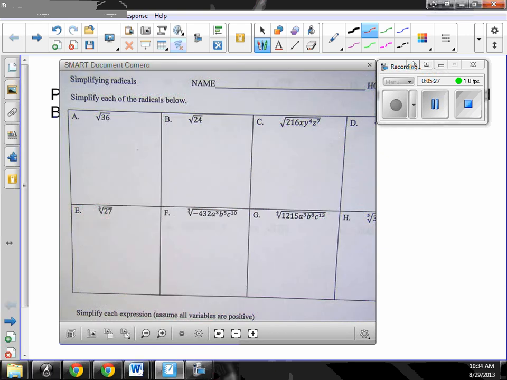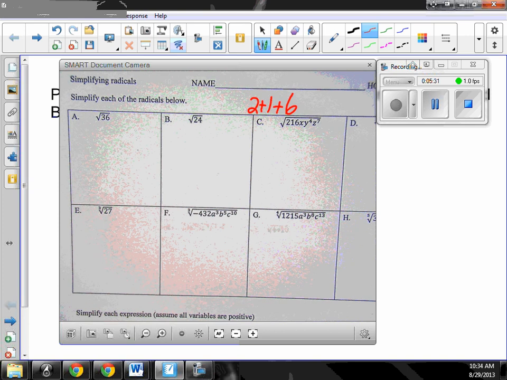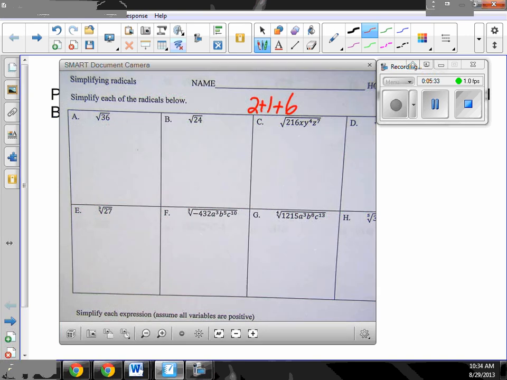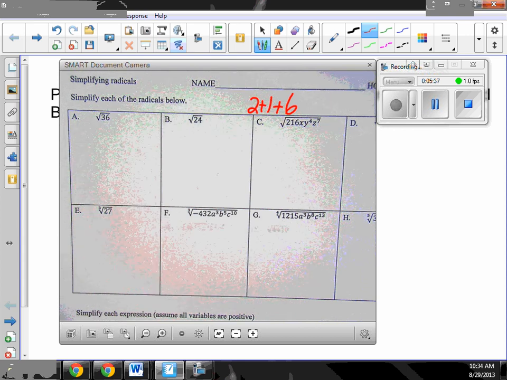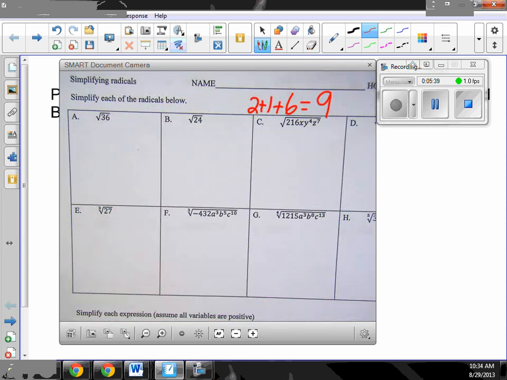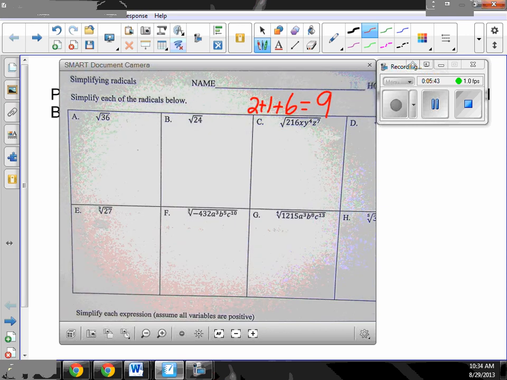But we do have this little trick. We take 2 plus 1 plus 6. Add up all the digits. And I get 9. If the sum of those digits is a multiple of 3, then 3 goes into the original number. And I don't have any idea why that works.